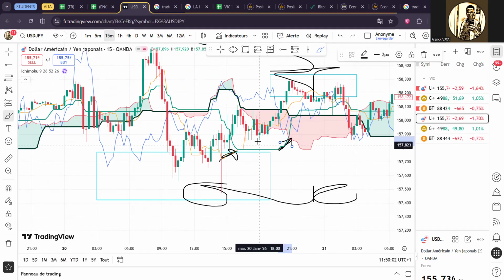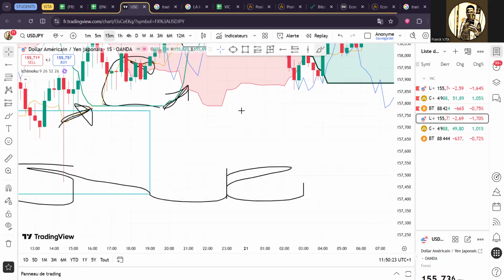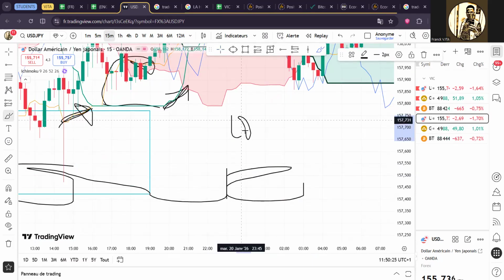But as soon as TK cross has started to exist from the first TK cross, even if you see Tenkan going down, don't start to say that it is a downtrend now. It will keep moving to the upside. No, because there is priority. There is sequential priority. You have, first of all, the linear orientation inside the setup, linear orientation that I will write as LO.